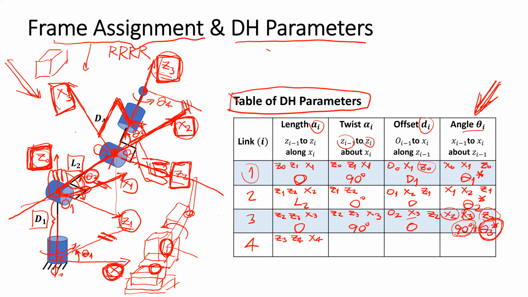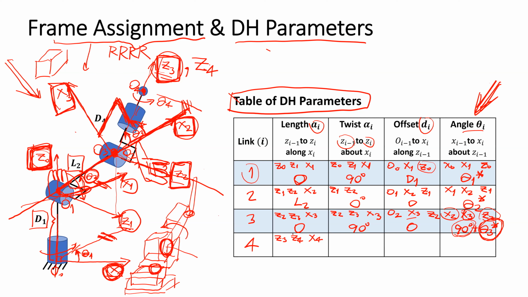The end effector: we're gonna attach one frame to the end effector, and the origin of the last frame, O4, will be at the end effector position, and just set the direction of the C4 to the same direction as C3.